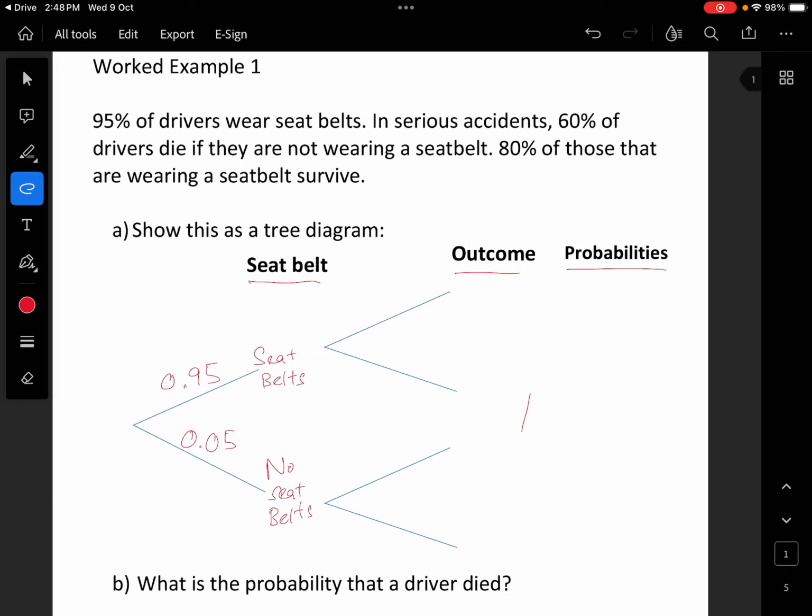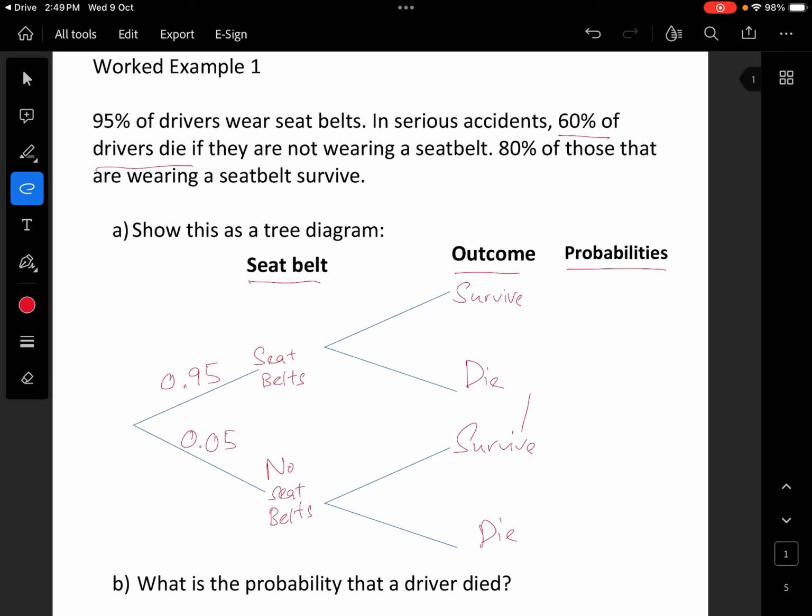Now, the outcome, obviously, if you wear a seatbelt, you could either survive or you could die, isn't it? So I'm going to put survive and die, survive and die, and we put the probabilities on the branches itself. It says that 60% of drivers die if they're not wearing a seatbelt.